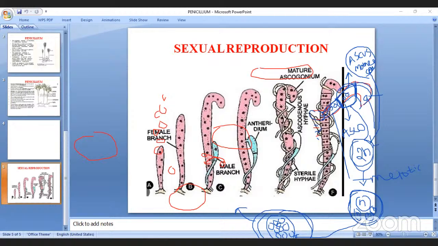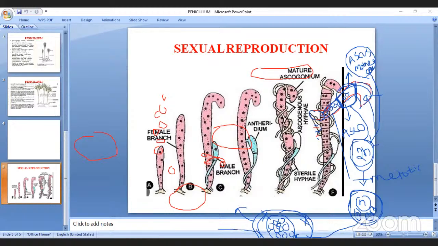So after formation, the ascospores are inside the cleistothecium fruiting body. When the ascospores reach maturity, the wall of the cleistothecium disintegrates and is destroyed.